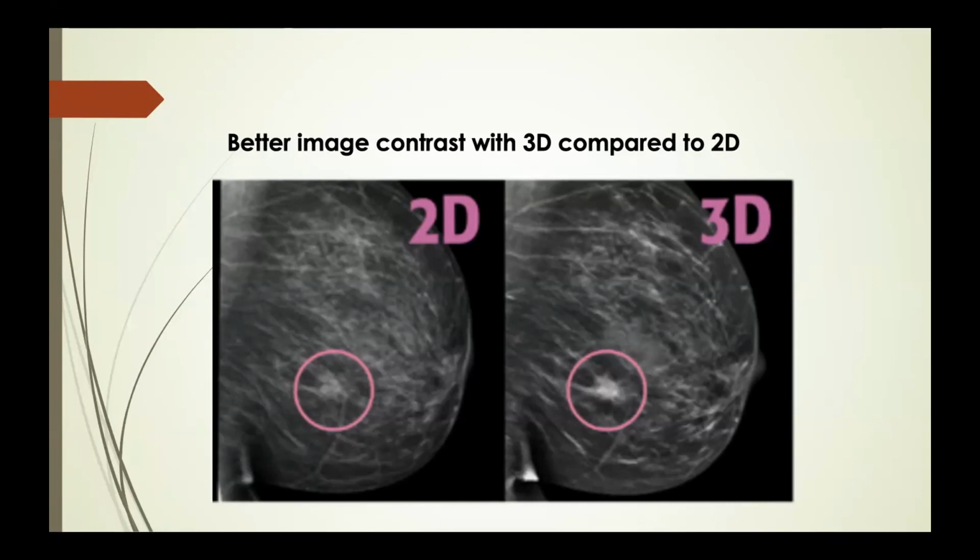And then when they feel they need to do further investigations to clarify their suspicion of cancer, they ask that person to go and do a mammography. So mammography is like the gold standard of breast imaging.